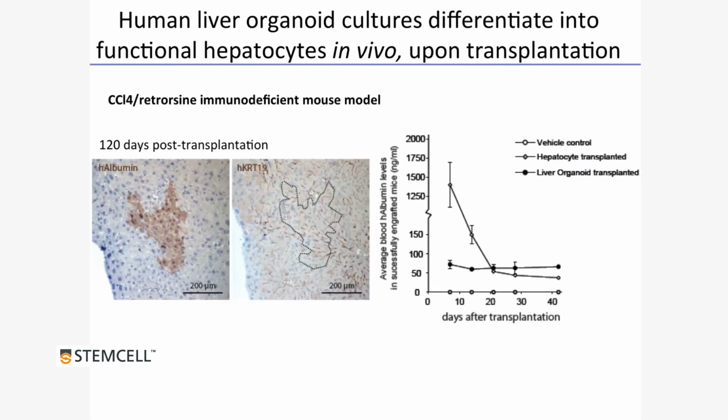And again, similarly to what we had done in the mouse, we performed a transplantation assay to ask whether these cells that had differentiated in vitro were capable of fully maturing in vivo.